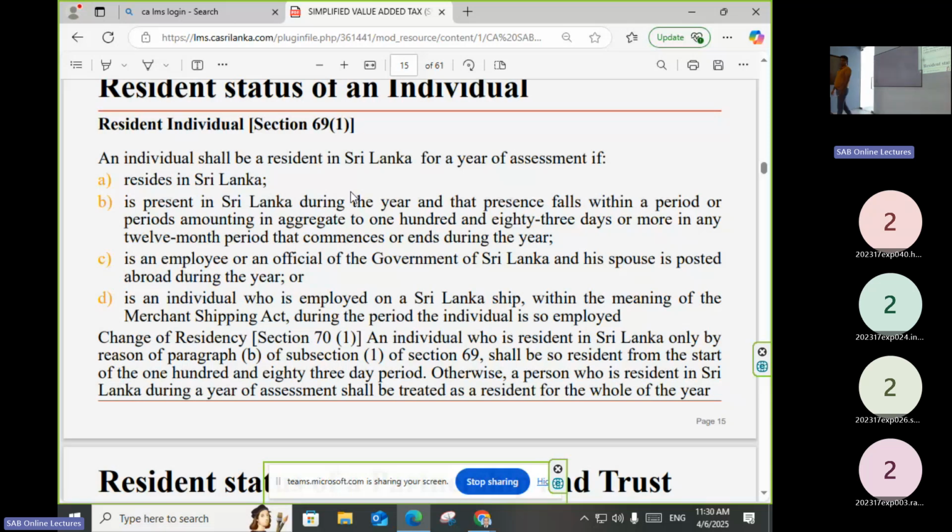That is the year of assessment. Now, somebody comes to Sri Lanka, assuming on a particular day in 2024.